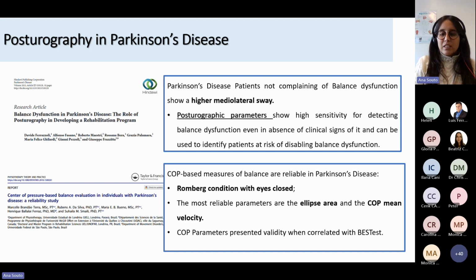But for clinical assessment, when we want a simple way of assessing, and we don't want to take a long time reading or interpreting parameters, these ones are easy to interpret, and they are studied and validated in a lot of diseases, balance disorders, and neurologic disorders. They always appear in the literature.